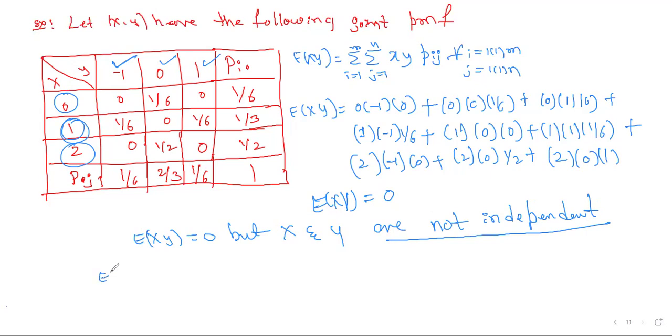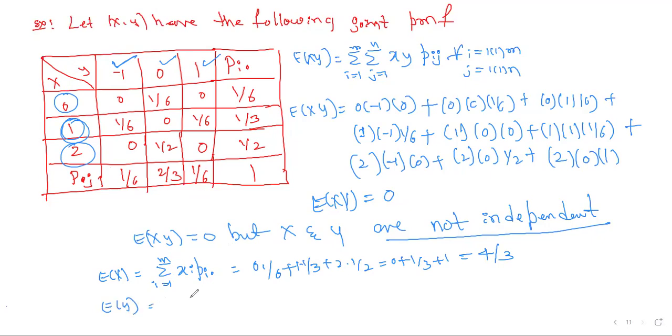So here, expected value of X is nothing but summation x_i into p_i dot, i running from 1 to m, right? So this is nothing but 0 into 1 by 6 plus 1 into 1 by 3, that is 1 by 3. Next 2 into 1 by 2, that is 1. So 0 plus 1 by 3 plus 1, that is 4 by 3.